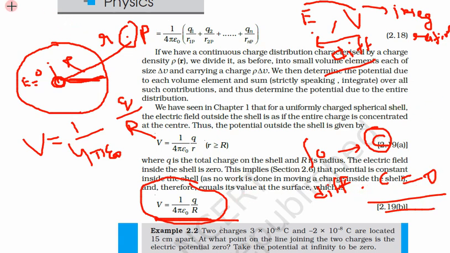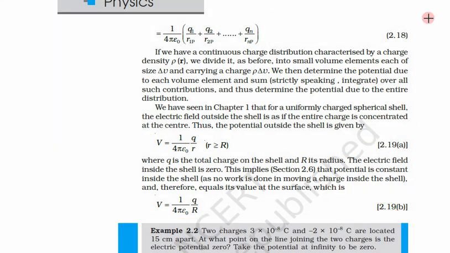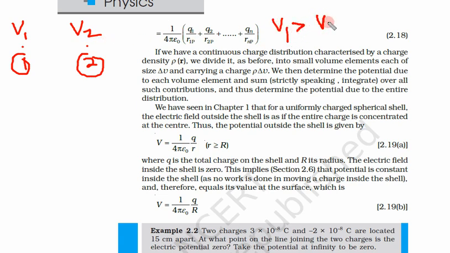Let us understand in a different way. Let us take 2 points, point 1 and point 2. Here we have a potential V1, here we have a potential V2. Let us take V1 higher than V2. That means this is positive, this is negative.